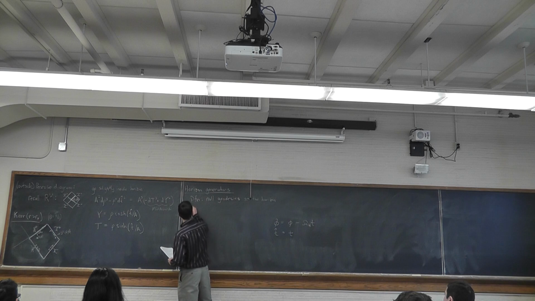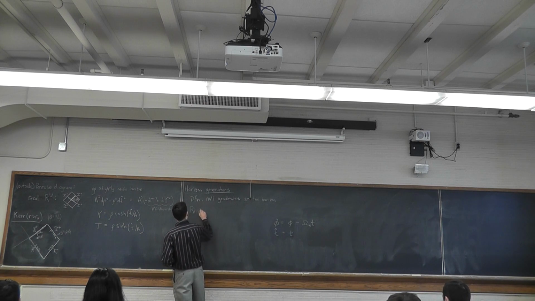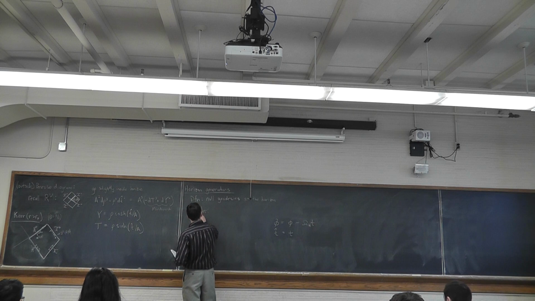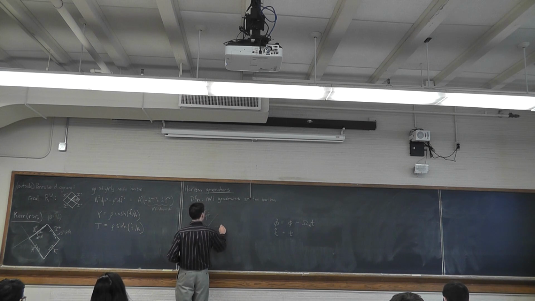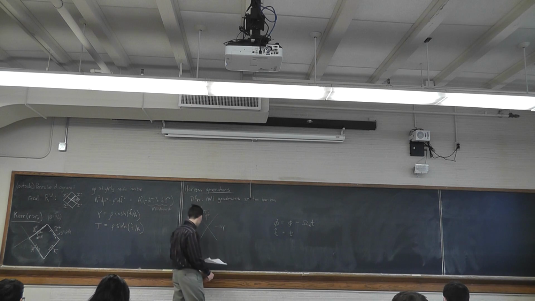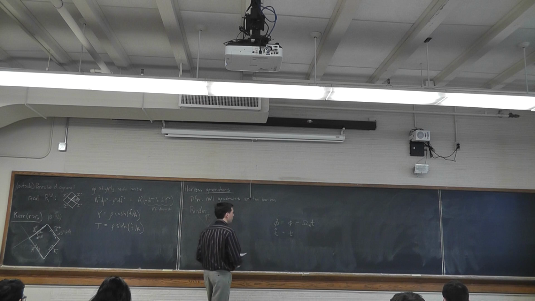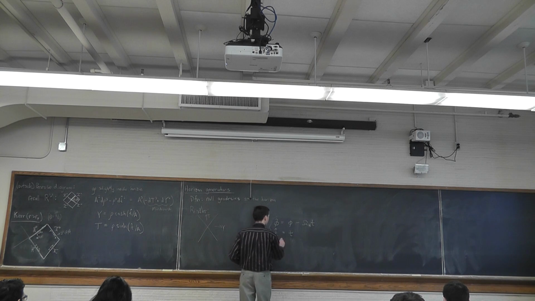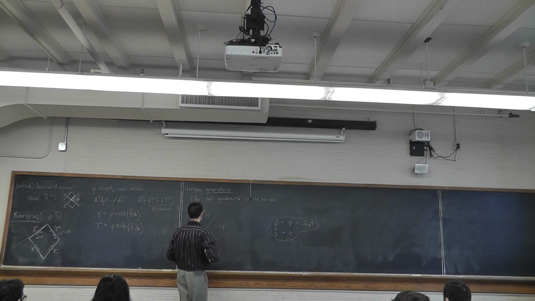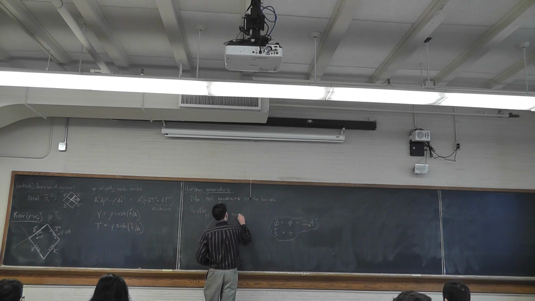So let's start with the case of Rindler space. In Rindler space, we have the t-coordinate and the y-coordinate. So what are the generators of the Rindler horizon?